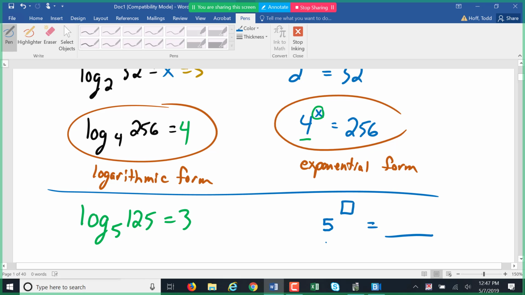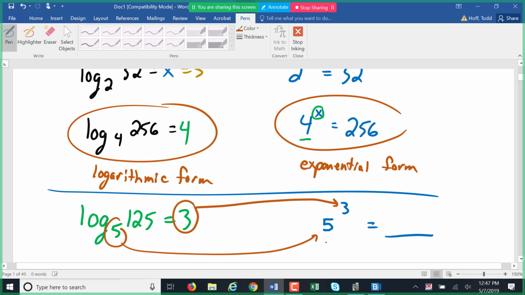The 3. So remember, the base of the log becomes the base of the exponent. The result of the log is the power of the exponent. And of course, the object of the log is the answer in the exponential form.